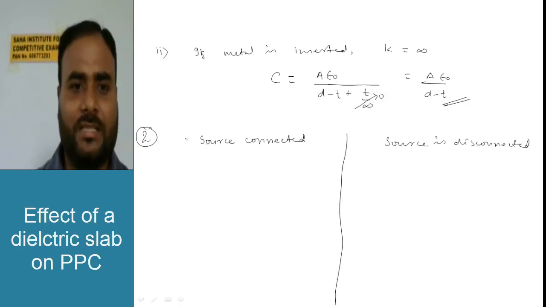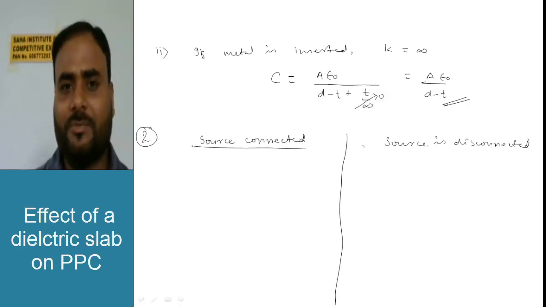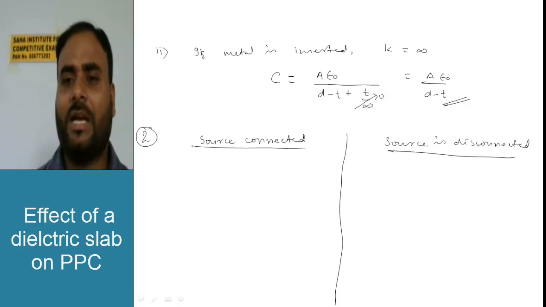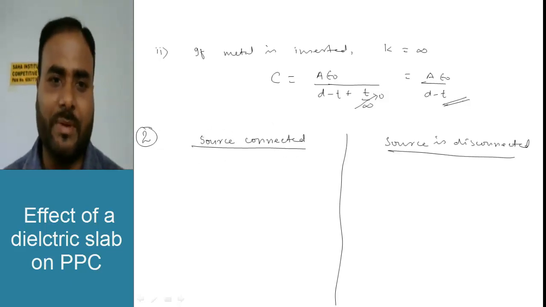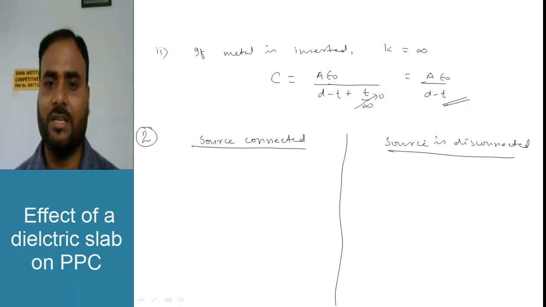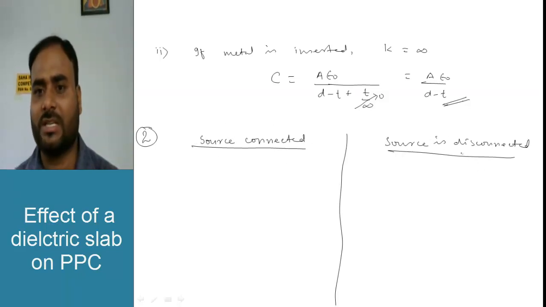What I mean to say is, how will the capacitance be affected when I am inserting a dielectric slab with the source remaining connected to the capacitor, and with the source disconnected from the capacitor? Okay.